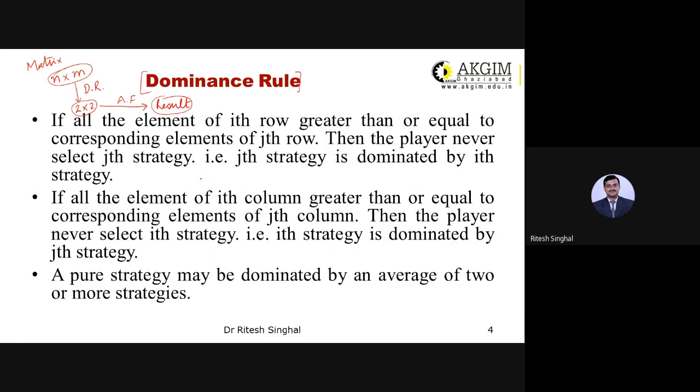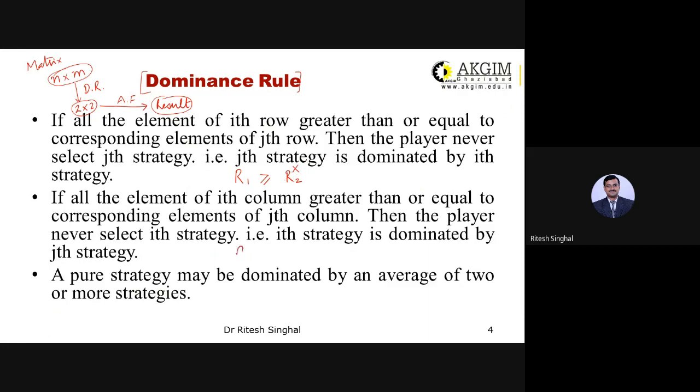So the dominance rule, the thing that now comes to mind is, what is the dominance rule? Dominance rule means here we compare two rows, that is the two strategies of player 1, and suppose the first row is greater than or equal to the second row, then we usually remove the strategy which has lower values, or the row which has lower values.